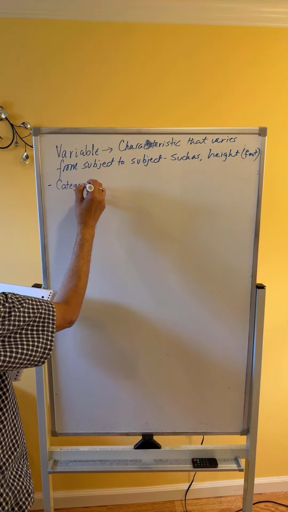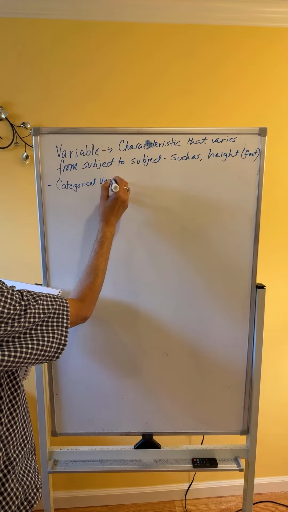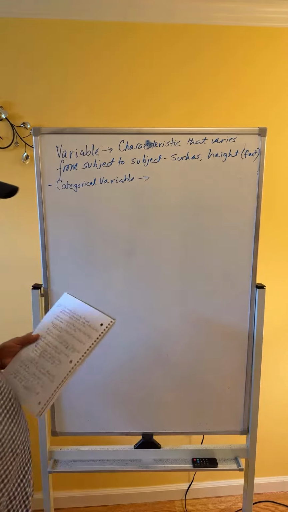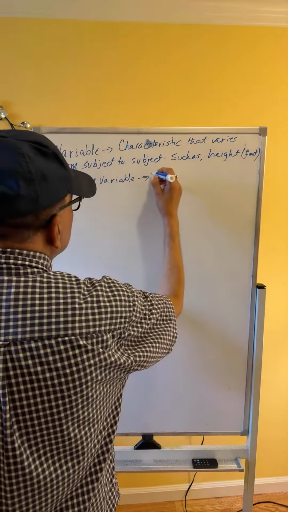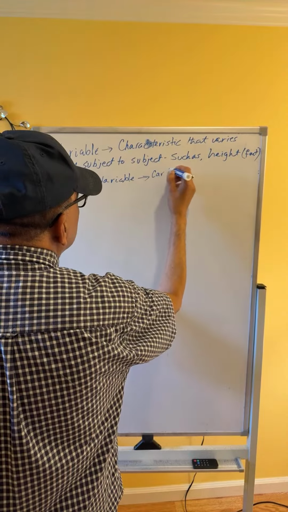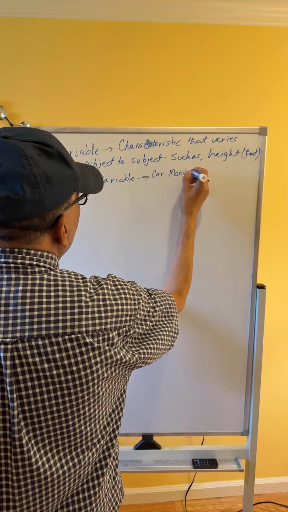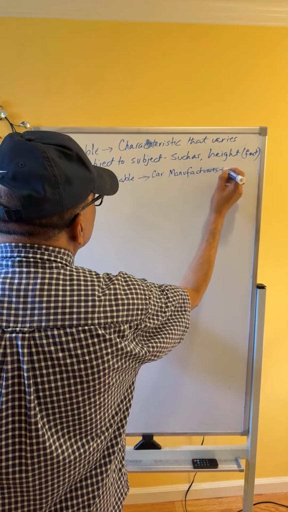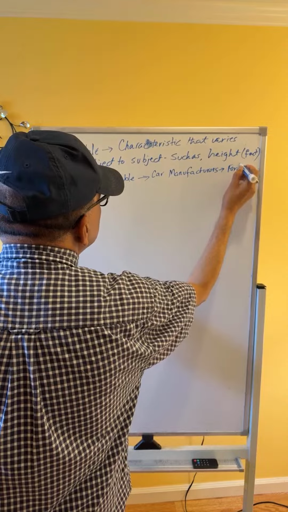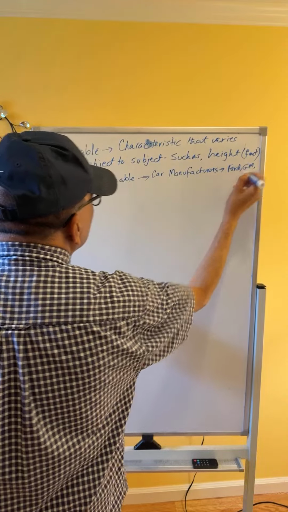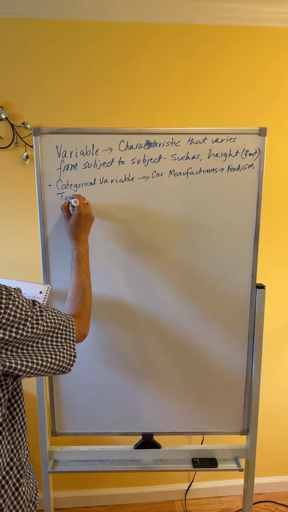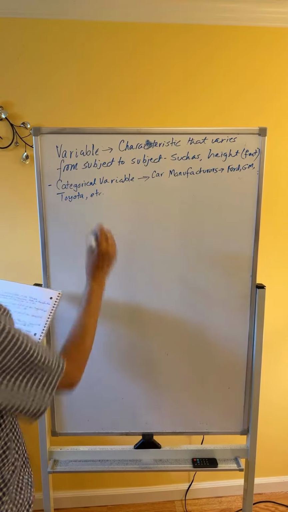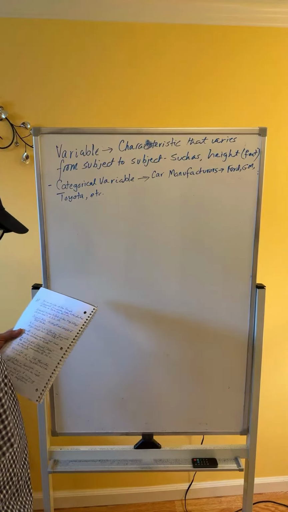A categorical variable means the values are divided into categories, such as manufacturer of cars. You know there are different categories of manufacturers, such as Ford, GM, Toyota, etc. These are all categorical variables, categories of different car manufacturers.